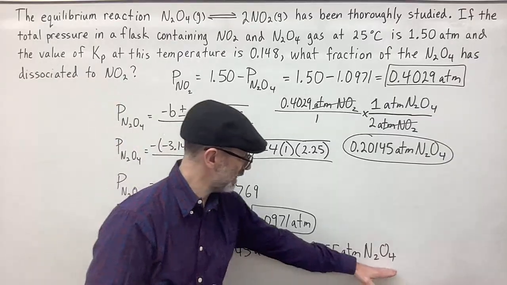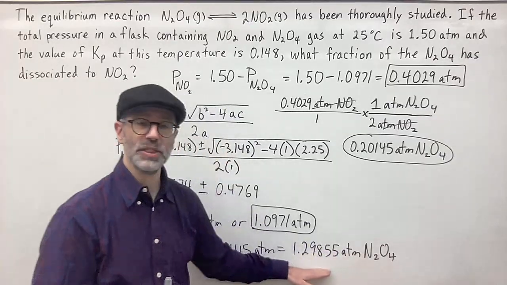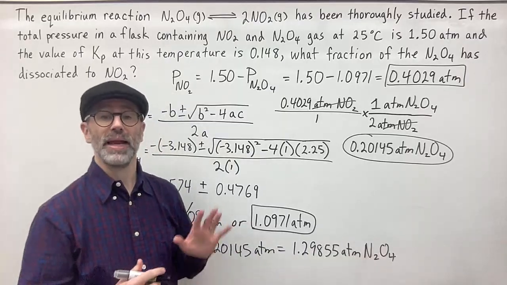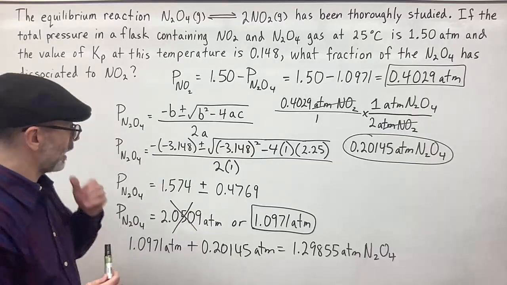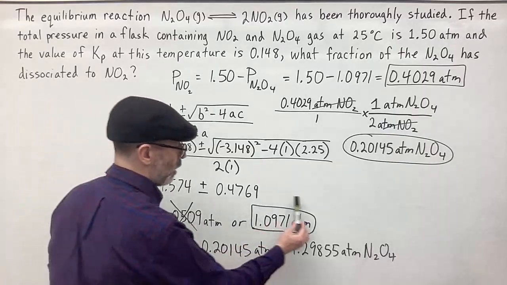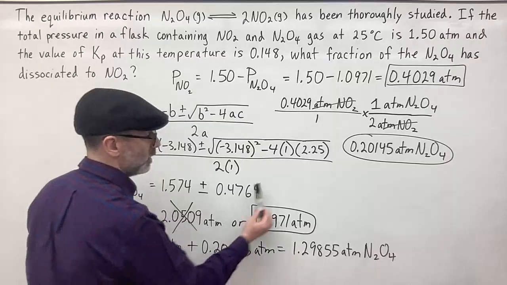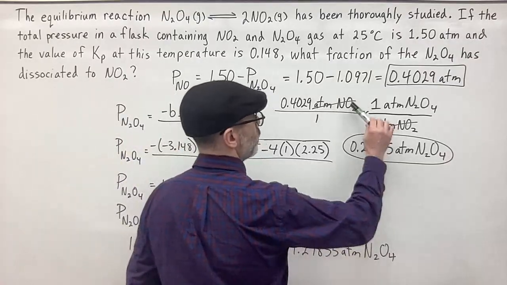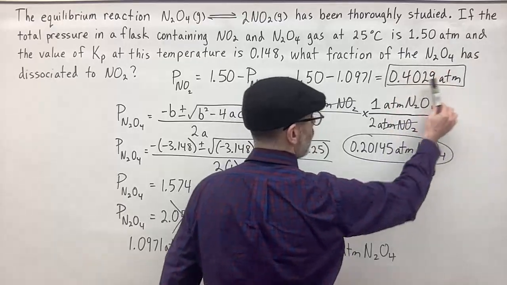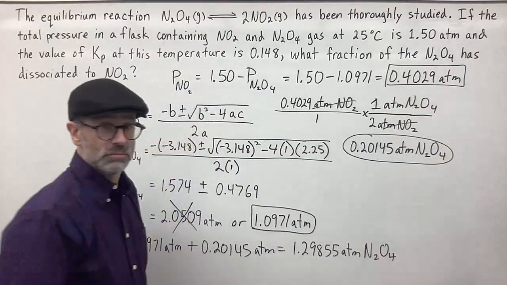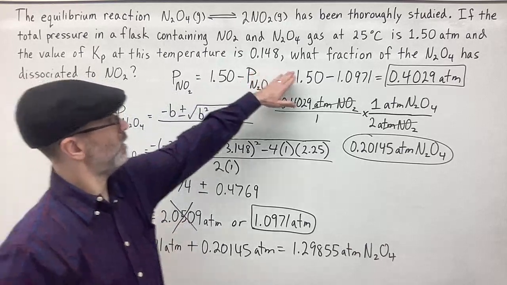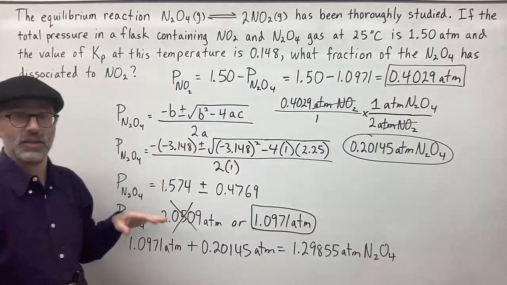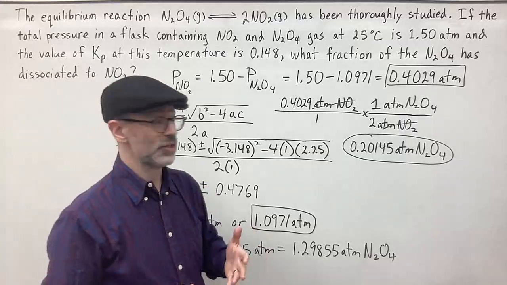So I started out with this amount of N2O4 in atmospheres and 0 atmospheres of NO2, right? But then at equilibrium, I ended up with this amount, and I started with this, and then I ended up with this amount of NO2. Well, I want to find the fraction of the N2O4 that has dissociated, right? So I need the fraction of the amount dissociated.